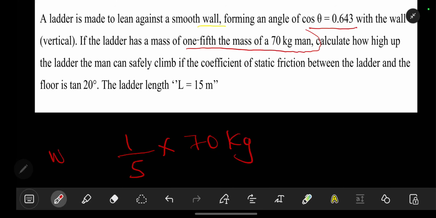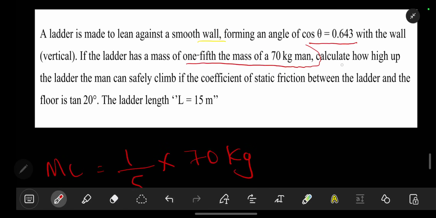Calculate how high up the ladder the man can safely climb if the coefficient of static friction between the ladder and the floor is tan 20 degrees.